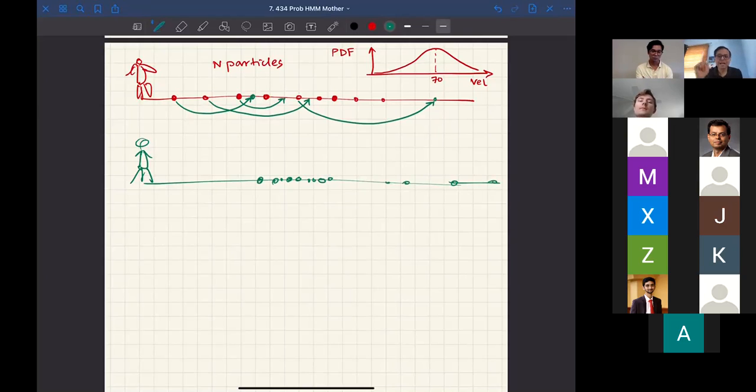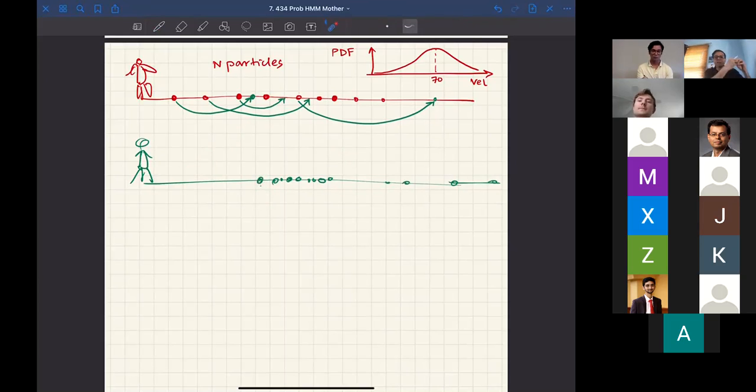And now I make a measurement and I ask if the particle is here, if the particle is here, how well is the measurement agreeing with that hypothesis? Right? So I have a measurement error and I multiply that probability to this particle.